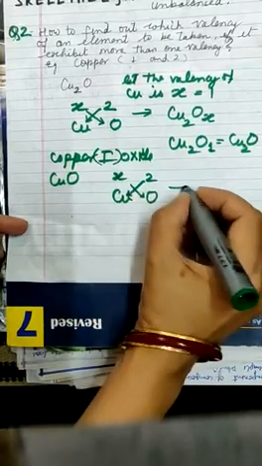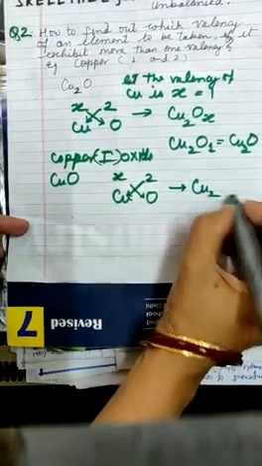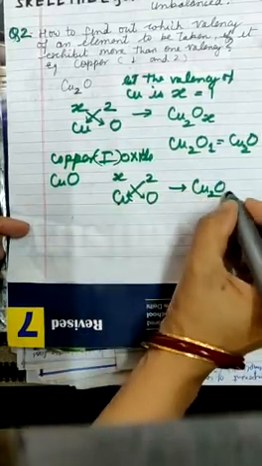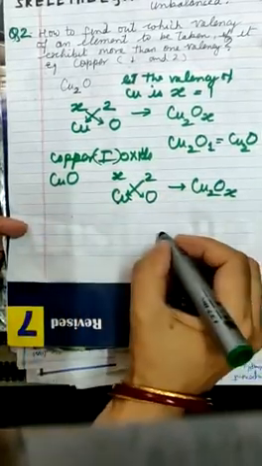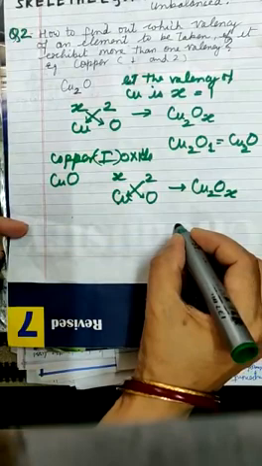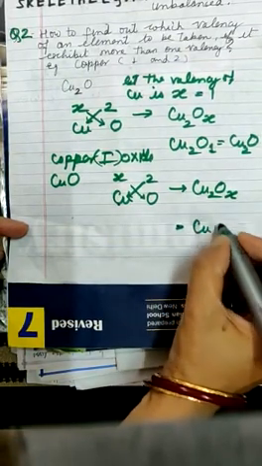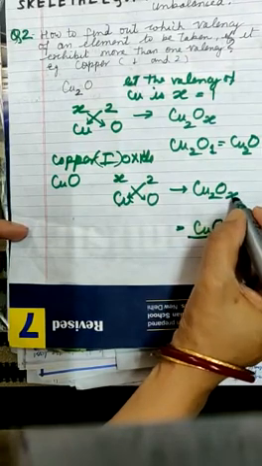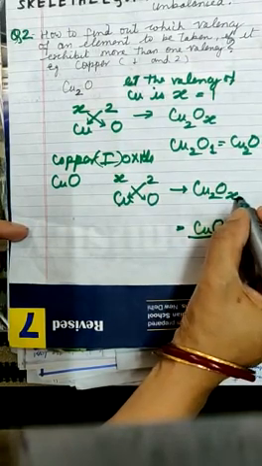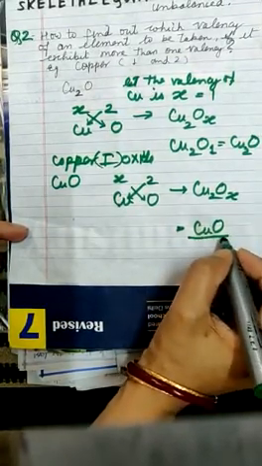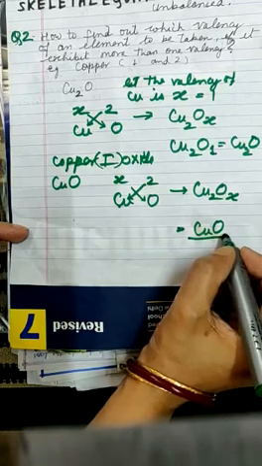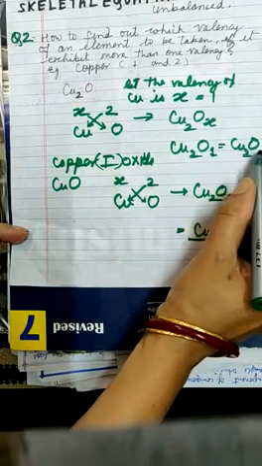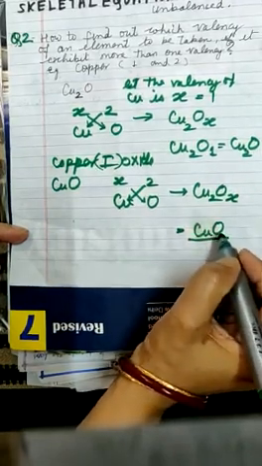So finally the formula will become Cu2OX. But actually the formula finally that has come is CuO. Now think of what valency or what number can be at the place of X, so that finally the formula becomes CuO. If it is 1, it will become Cu2O1 or Cu2O. But here it has to be CuO.